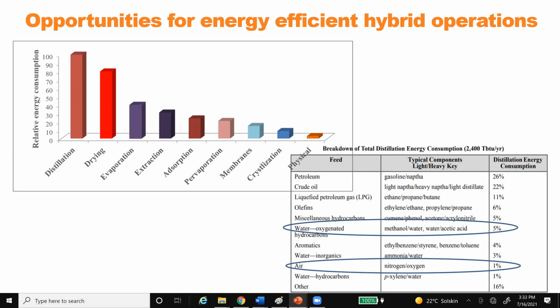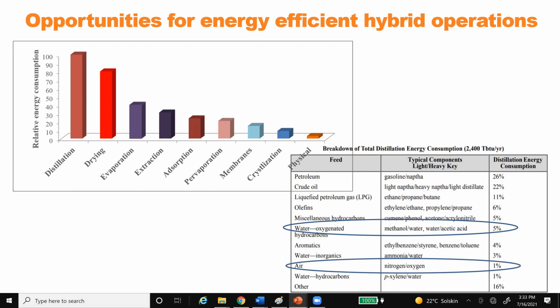Out of the distillation, which are the most energy consuming distillation columns? We see that these are the hydrocarbon separations, not because they are difficult separations, but because of the volume. The azeotropic separations are very low in energy consumption.